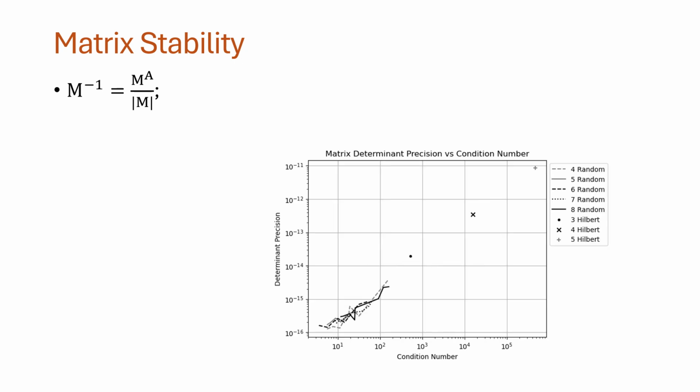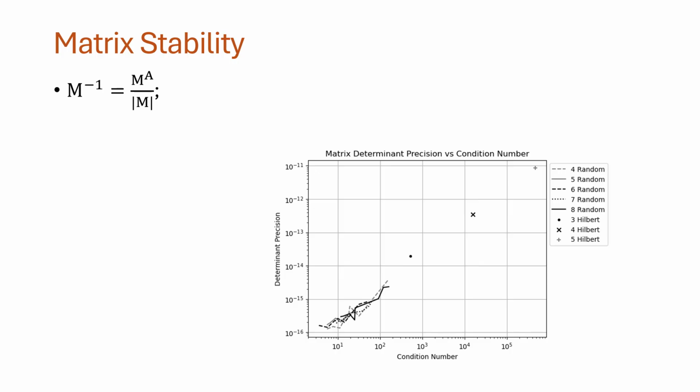Let's look a little more at this matrix inversion problem. We come up with the idea of matrix stability, namely, if an element is changed a little bit, how much the result would change due to our method of calculation. And this is characterized by something called the condition number. In fact, if we look at this matrix inversion formula, we find that the determinant is at the denominator, right?